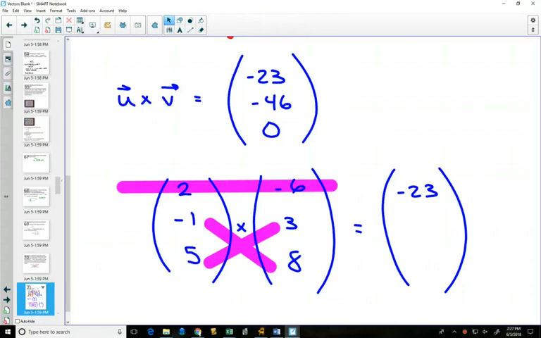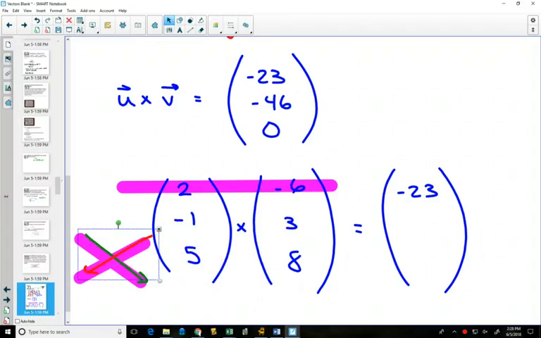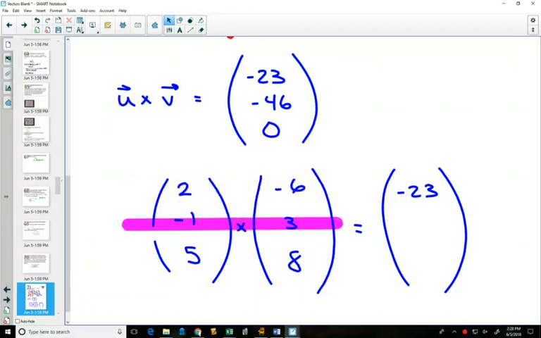This is nice. You liking this? It fits with all of the determinant stuff that we did, because this one is positive and this one is negative. So let's do that again. I could erase those. That would work too. Next row, move this down. Cross product again.